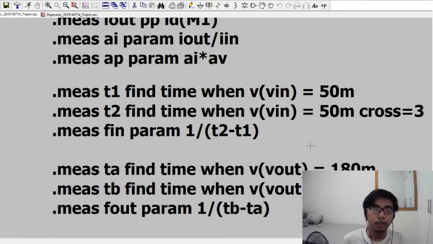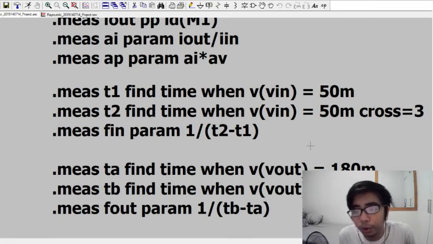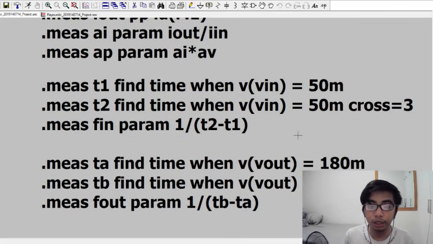Next, when we are done with the power, we go to the bandwidth. To find the bandwidth, you need the frequency. So let's look at the frequency.